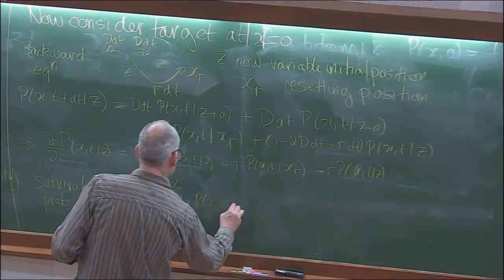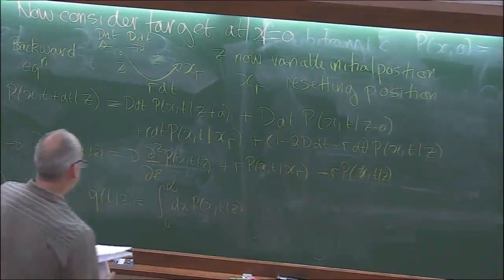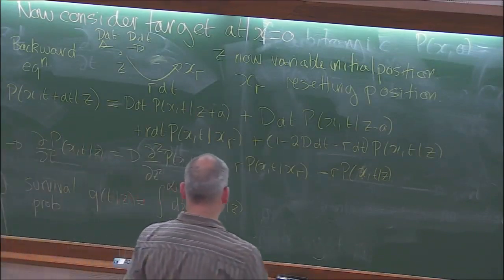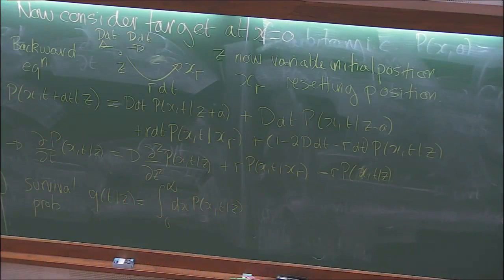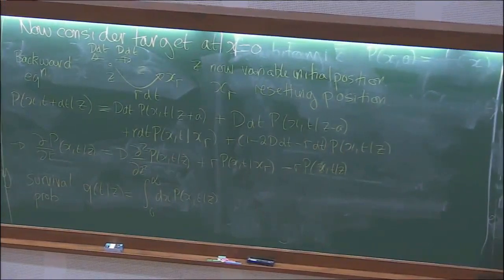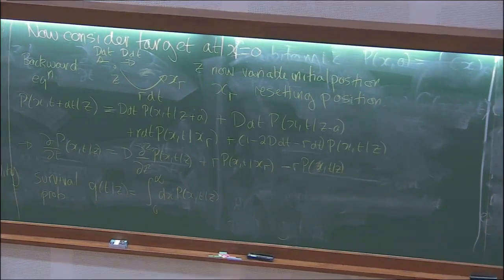And that's the magic, that you can simply integrate each of these terms, and you get the same equation for Q. So we've got dQ/dt equals D d squared by dz squared Q(t | z) minus r Q(t | z) plus r Q(t | xr).